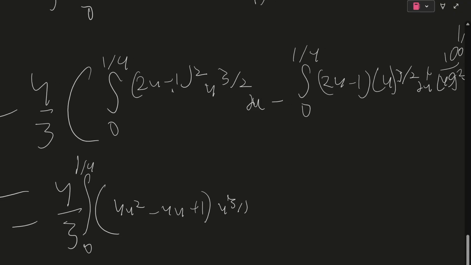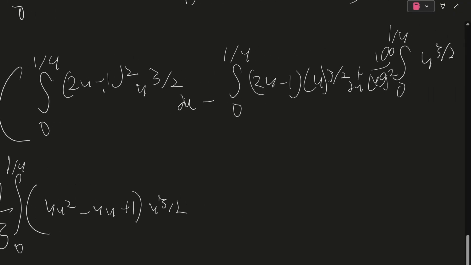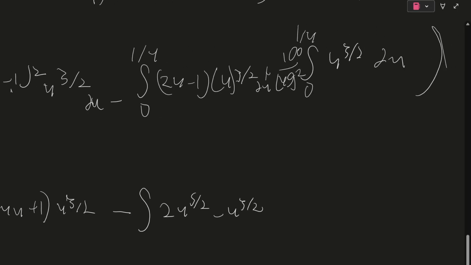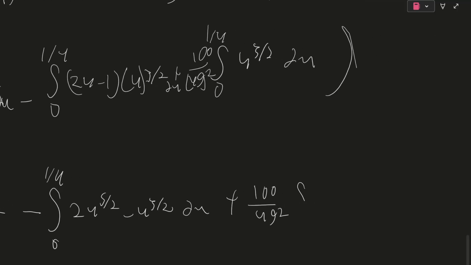I'll multiply by u to the 3 over 2 minus integral of 2u to the 5 halves minus u to the 3 halves, 0 to 1/4 du, plus 100 over 49 squared times integral from 0 to 1/4 of u to the 3 halves.